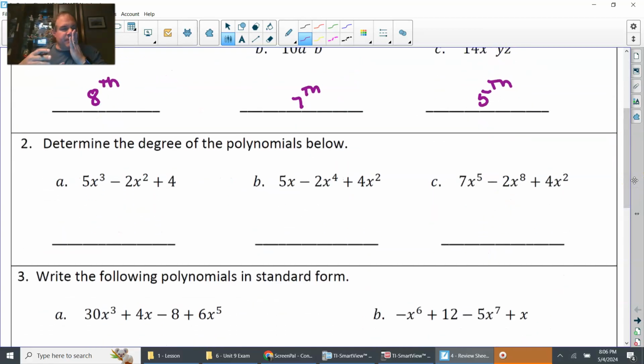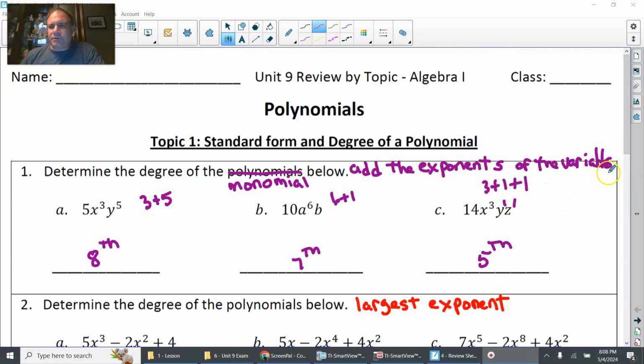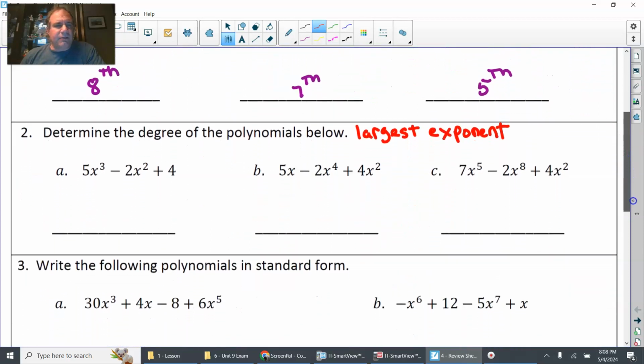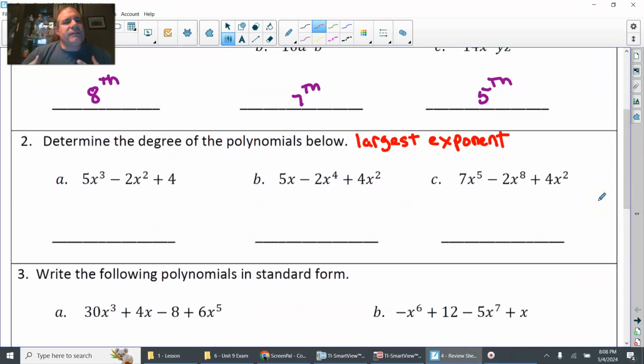Now, determine the degree of the polynomials below, a little bit different than monomials. For the polynomials, you just take the largest exponent. I just add the exponents of all the variables for the monomials, and to determine the degree of the polynomial, largest exponent.